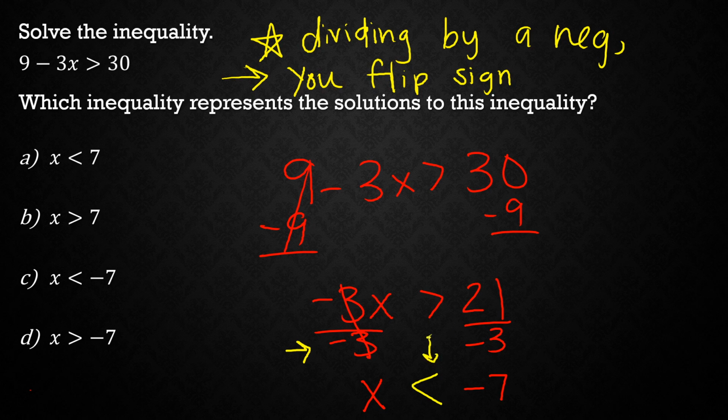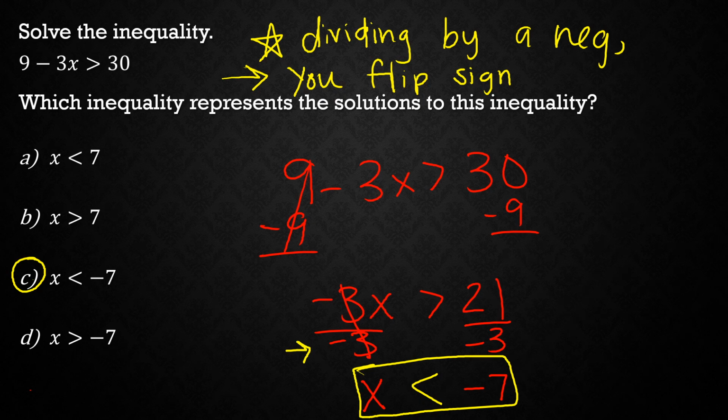You can see from right here to here, I'm flipping my inequality sign so it's now going the other direction. Okay, so that means that our answer should be this one here, where I have x is less than negative 7. And you have to remember this rule because so many kids make mistakes, or they get the right answer, but they forget to flip their sign, okay?